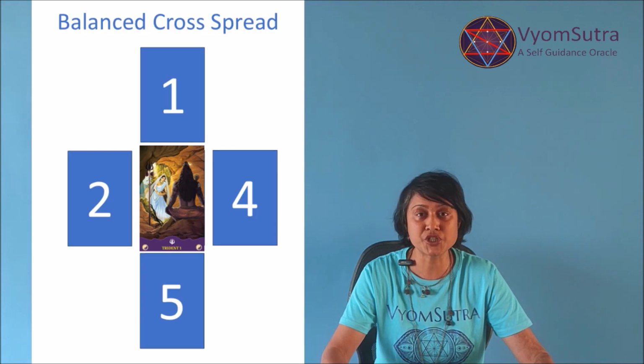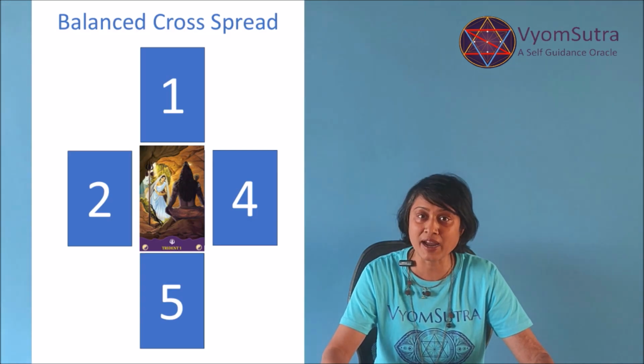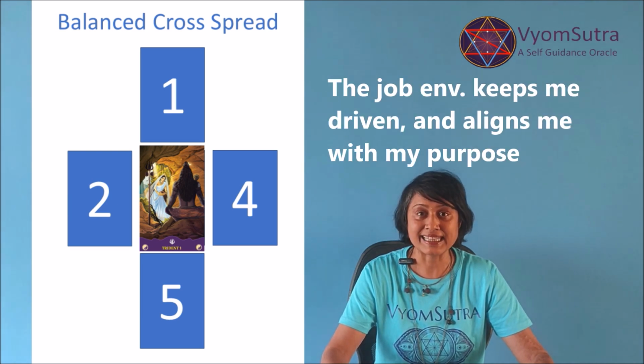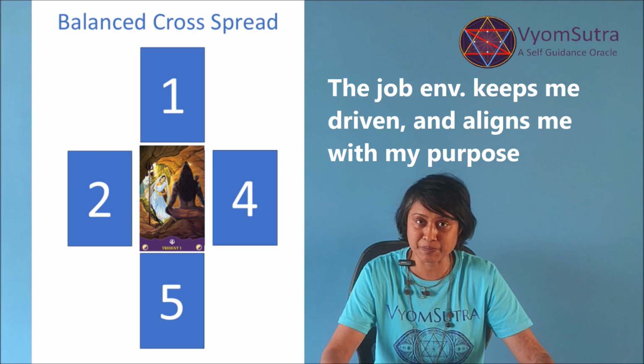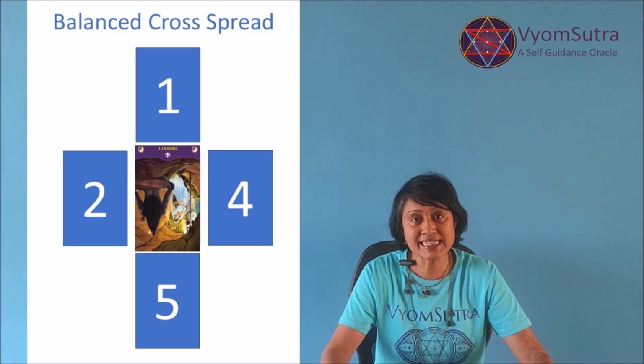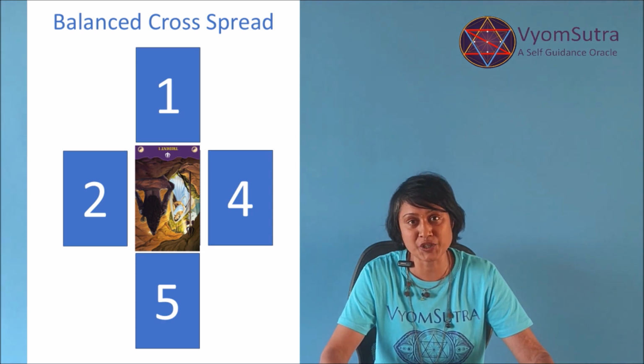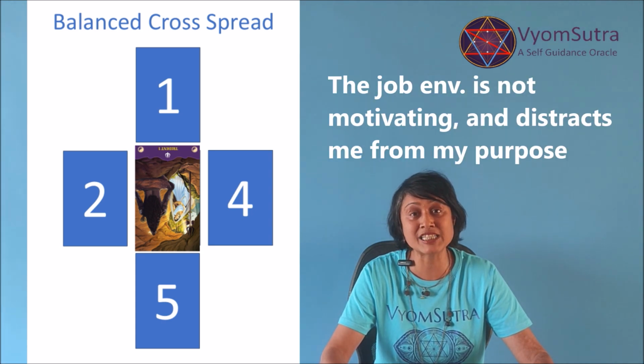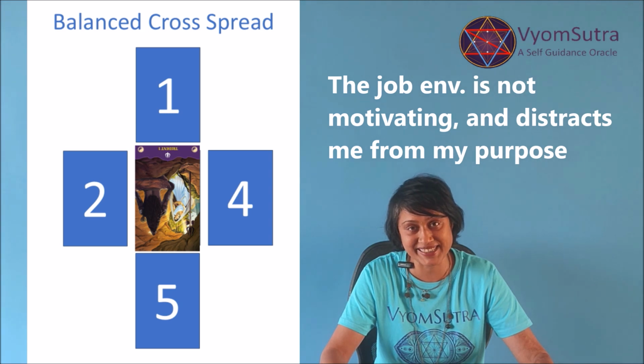Let's say the Trident 1 or Ace of Wands appears in position number 3, which is my environment. Then the straight orientation would mean that the environment supports my purpose or it aligns me with my purpose. The inverted orientation may mean that the environment distracts me from my purpose.